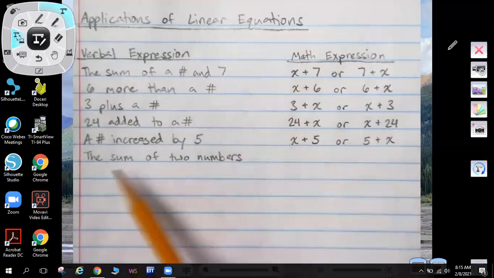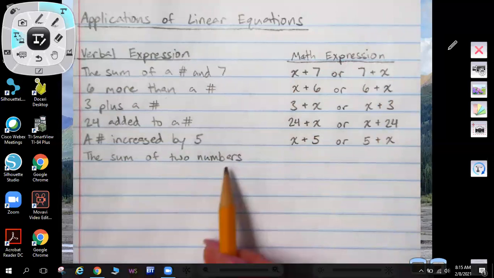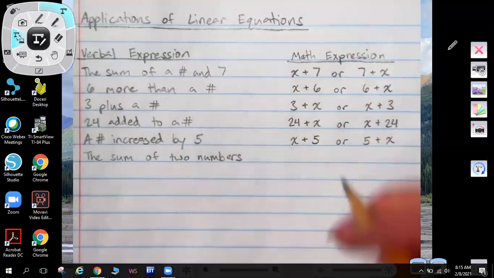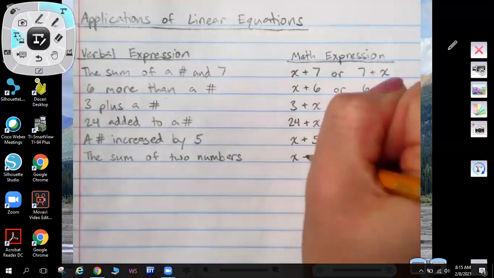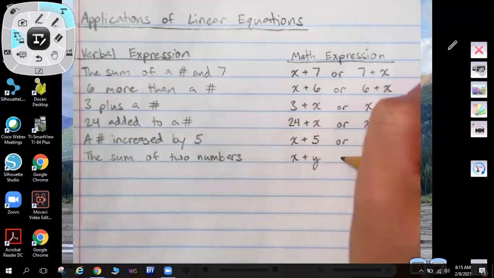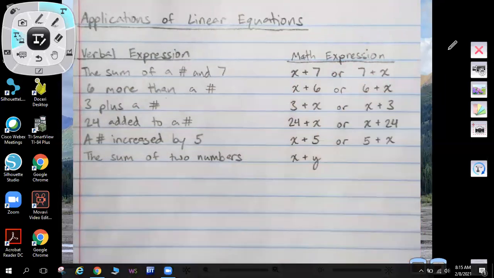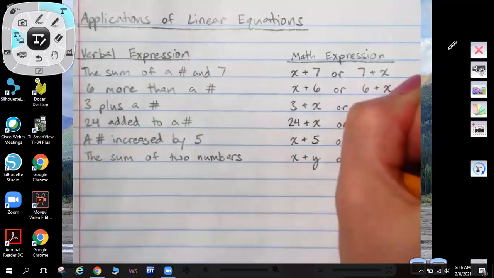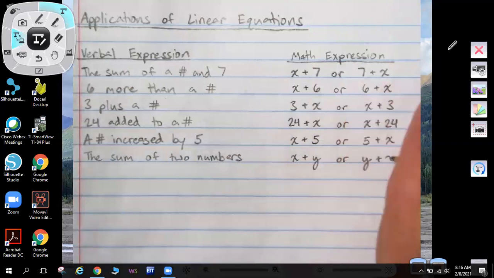The sum of two numbers: we don't know either of the numbers' values, so we use variables, and we're adding two numbers, so we'll just say x plus y. Or technically, we could write this as y plus x. Or you could use any variable you want, a plus b, whatever you want.